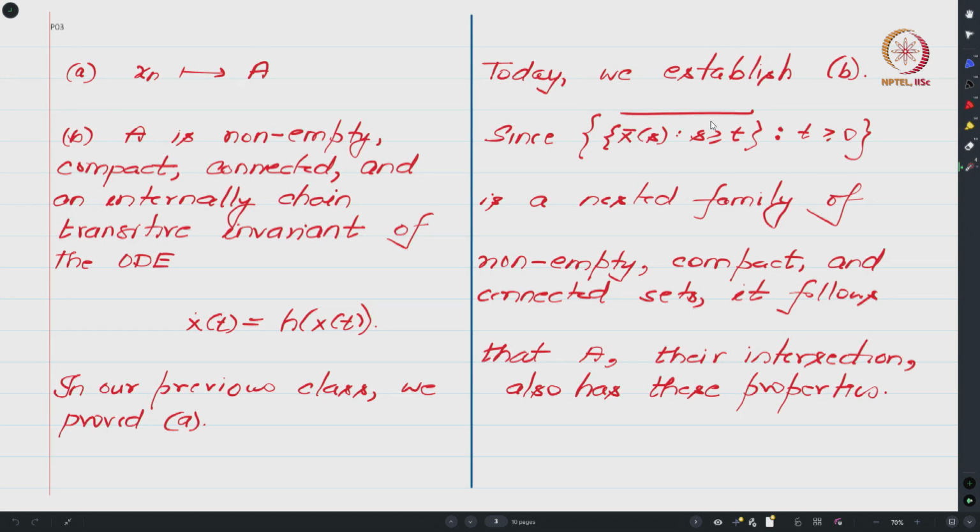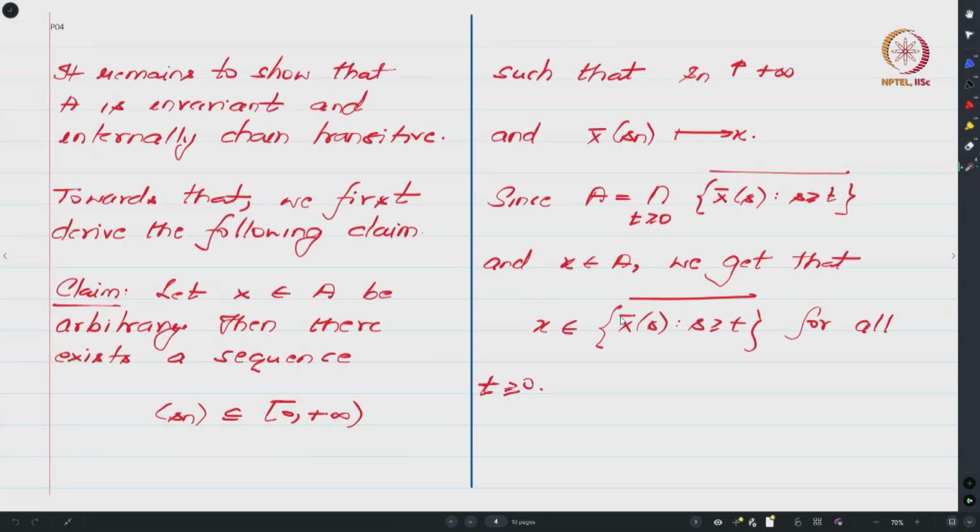And importantly, this family is actually a nested family. And because it is a nested family, one can conclude that because each of these sets have this property of being non-empty, compact and connected, their intersection also has these properties. So, that already tells us that A is non-empty, compact and connected.